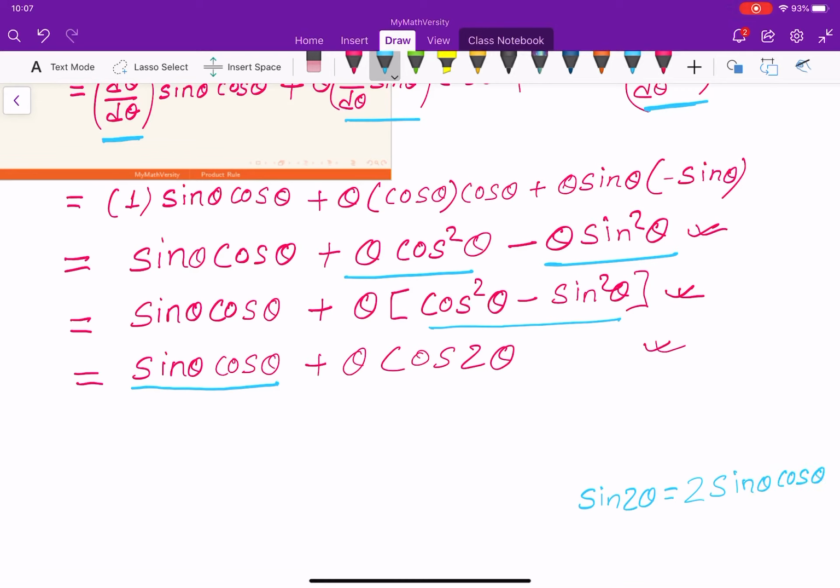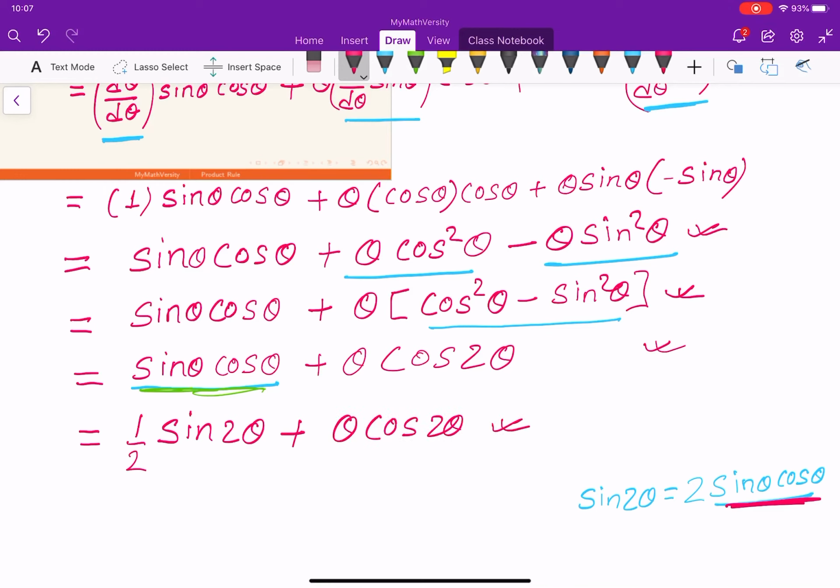So if you solve for sine theta times cosine theta, this expression over here can be written as sine 2 theta over 2, or 1/2 sine 2 theta, right? So the derivative becomes 1/2 sine 2 theta plus theta times cosine 2 theta. So this could be another alternative.